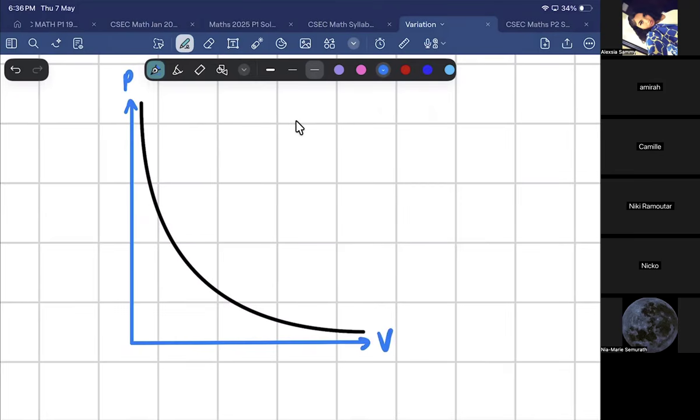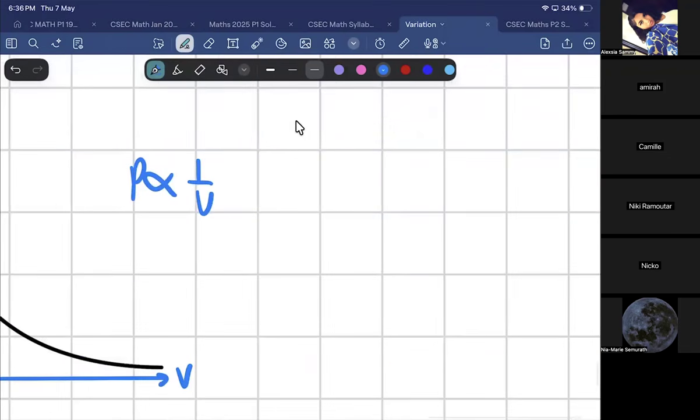Physics people, you will realize that you just say P is directly proportional to 1 over V. Let me cook fast.